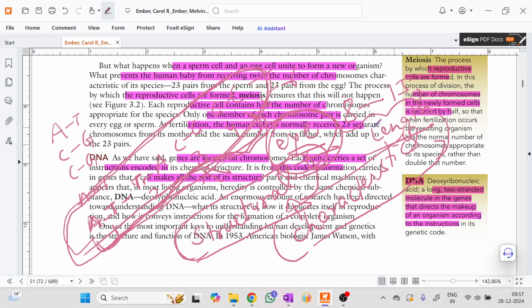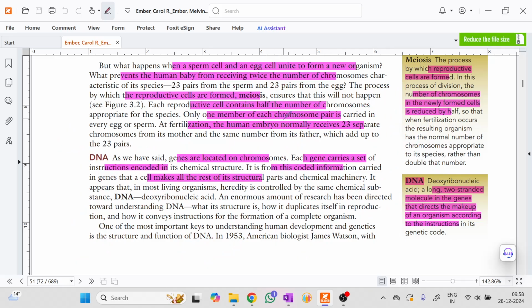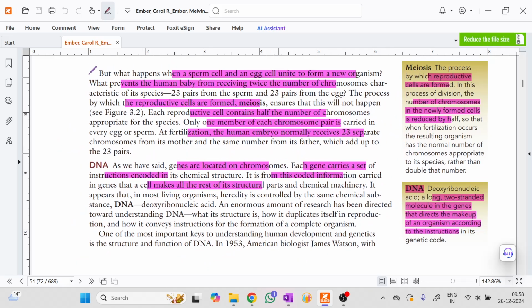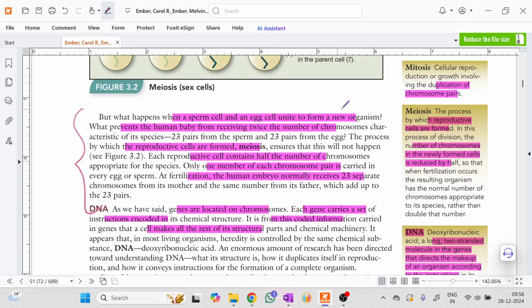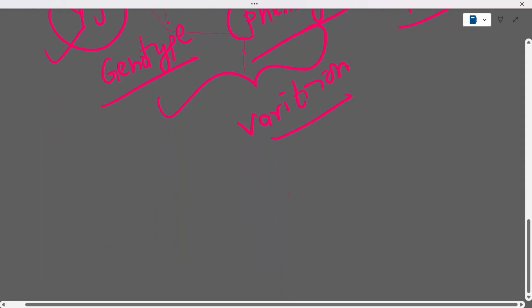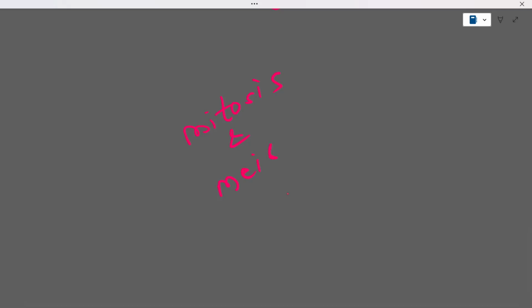So the concept here is that, while we have talked about both mitosis and meiosis, there may be some confusion regarding what those two processes are and what other cells and sex cells or gametes are.